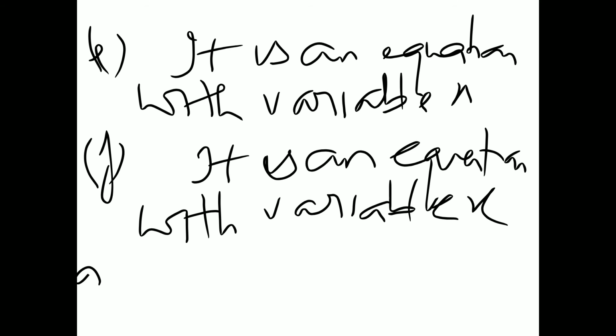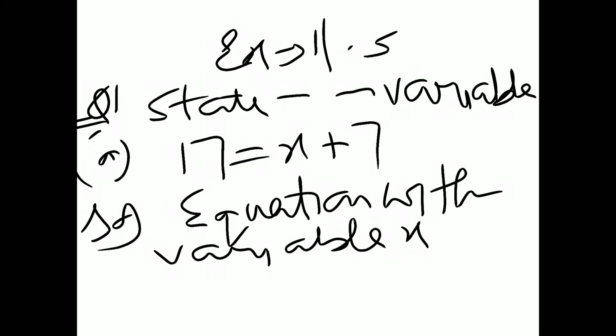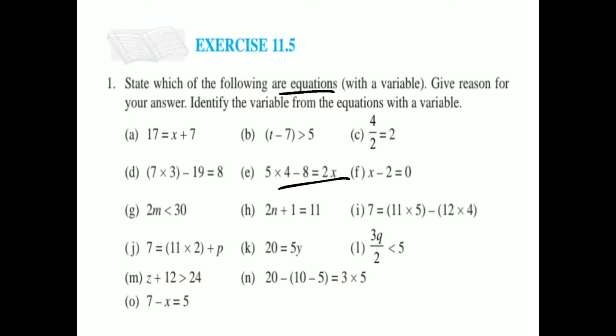Now we do G part. G part has a greater than sign. So is it an equation? No, it is not an equation. Clear? So there are total parts up to O. I have done till G. So H to O parts you have to do by yourself. Clear?